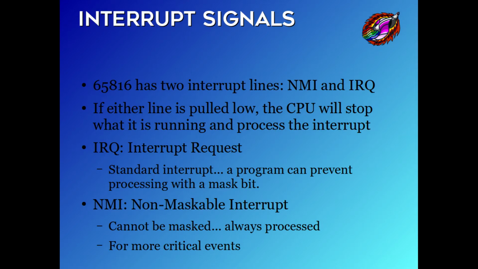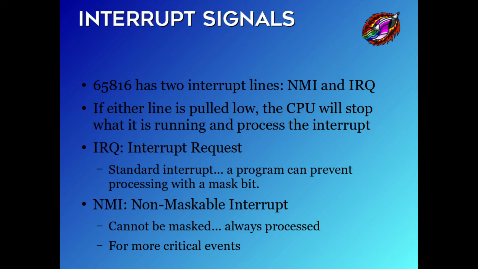Now, the interrupt request, IRQ, is kind of the standard interrupt, and it's what's called a maskable interrupt. There is a bit in the processor status register that, when set, will prevent the CPU from processing any interrupt requests that it sees. If the bit is clear, then when the CPU sees a request on the IRQ line, it will go ahead and start processing that.